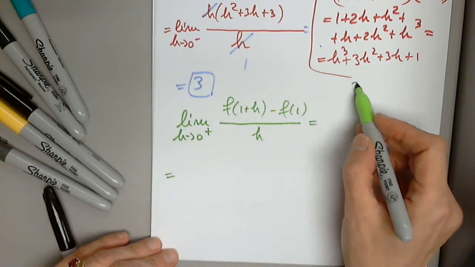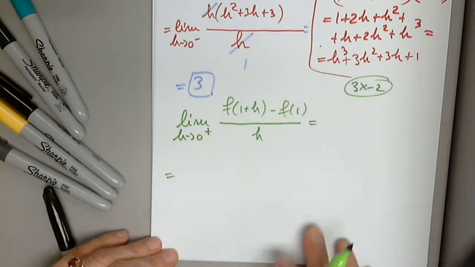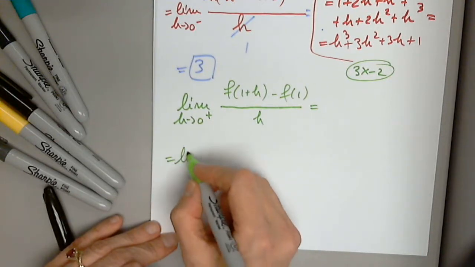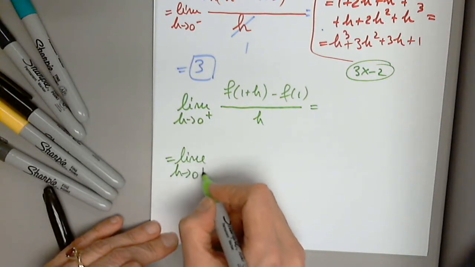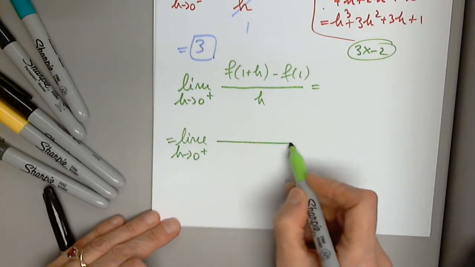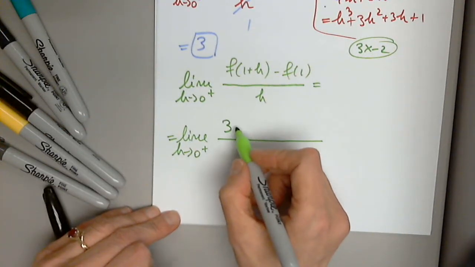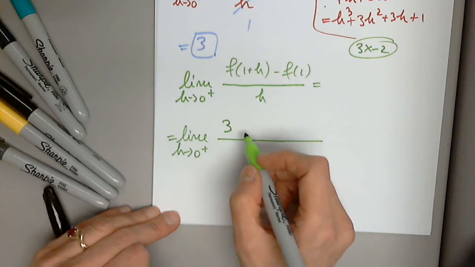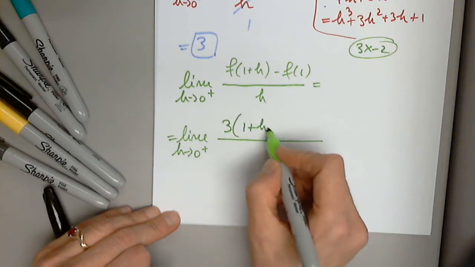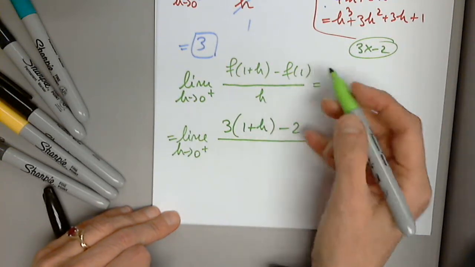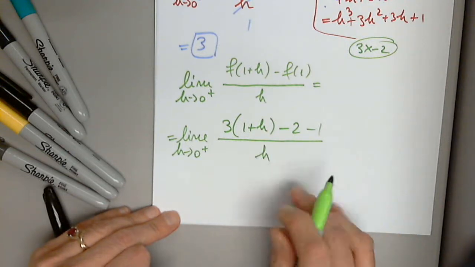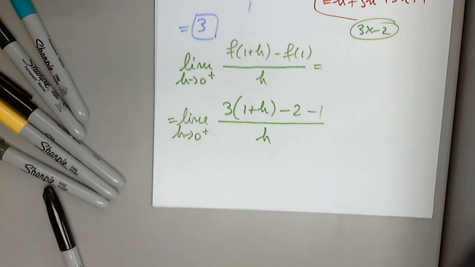So it's 3x minus 2. Okay, so can anyone dictate? 3 times 1 plus h. 3 times, you want to put parentheses then? Yes. Well, that's fine. Minus 2, and we know that f of 1 is 1, divided by h. Perfect.